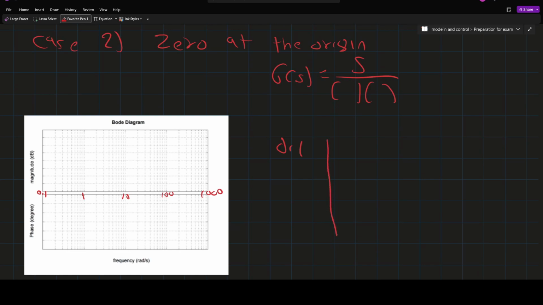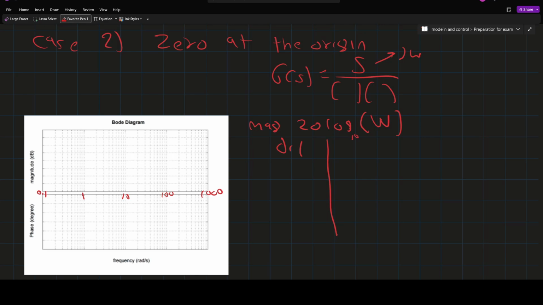The magnitude is always 20 log base 10 of the magnitude, and we are changing s for j omega, so here we are gonna have omega.